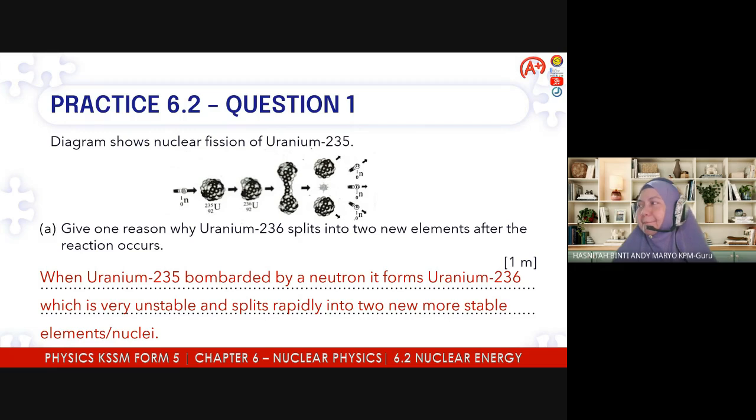Moderator is not the right word? Can moderator, yes, moderator. Graphite moderator will be better, of course, but moderator is also accepted. Same with the control rod. You can write control rod or boron control rod or cadmium control rod.